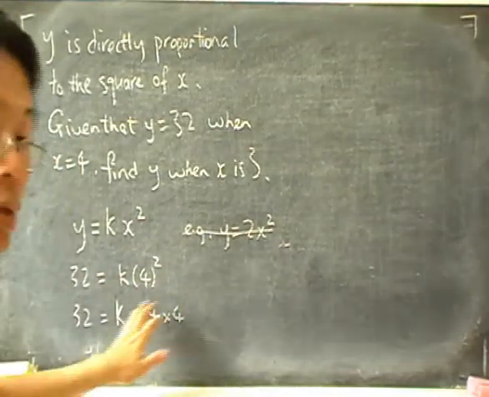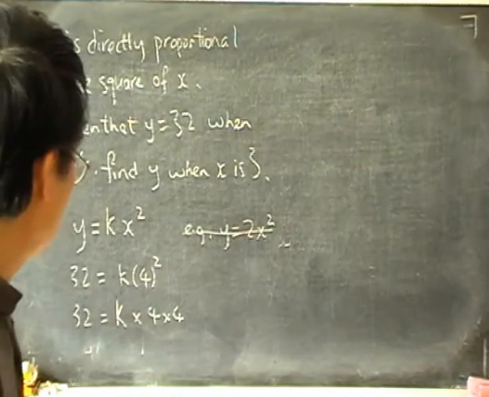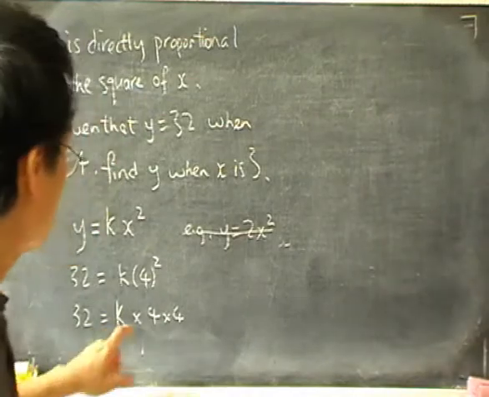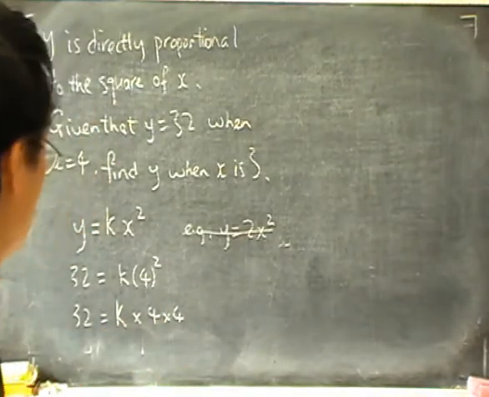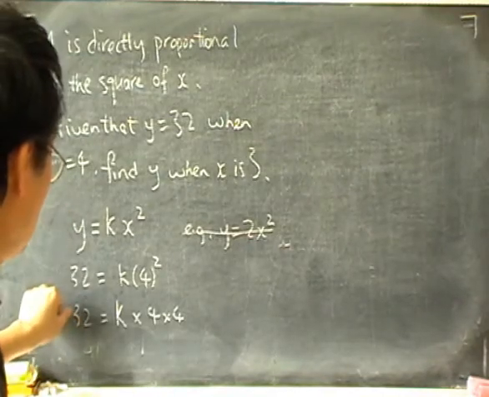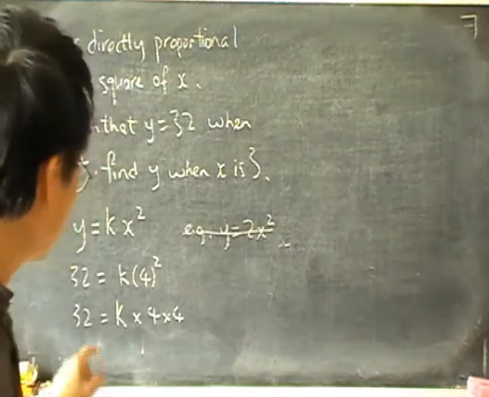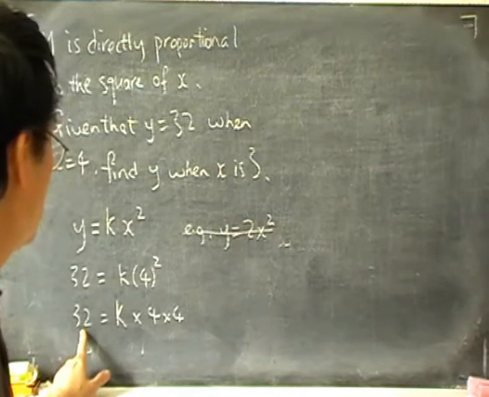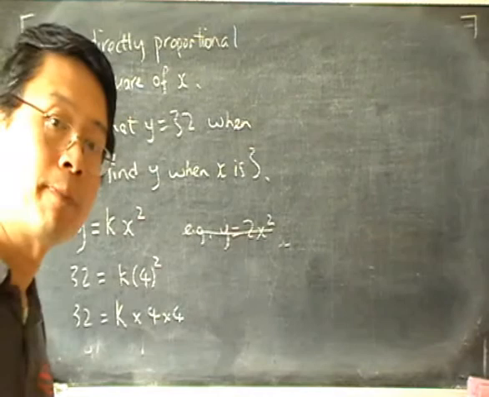The reason why it may be better not to multiply these two first is because you notice that you have a bigger number on the other side, which is 32, and that 32 is actually divisible by 4.